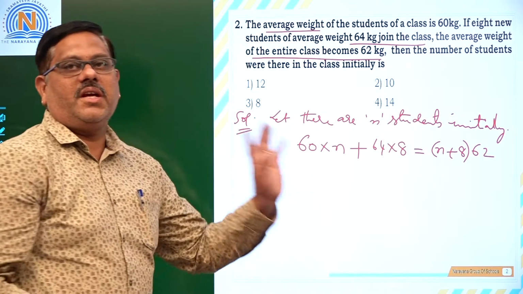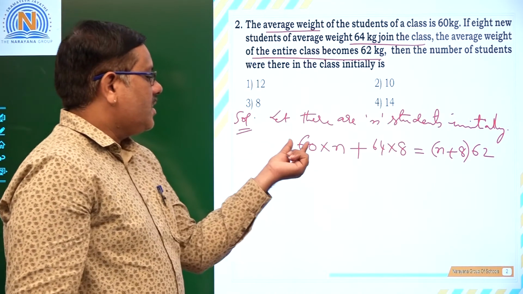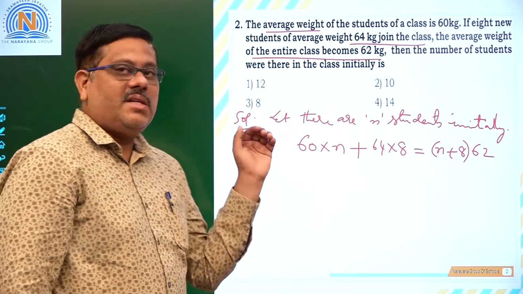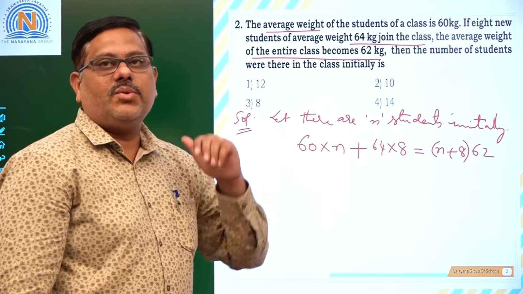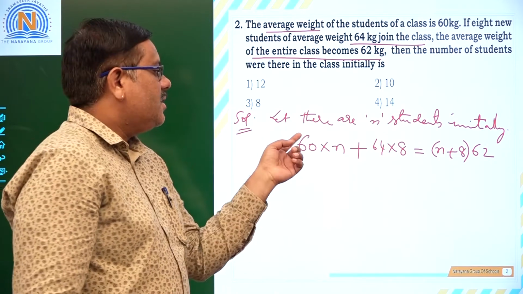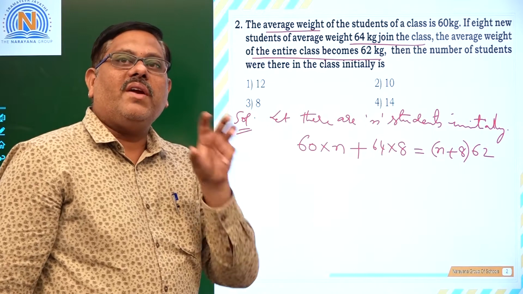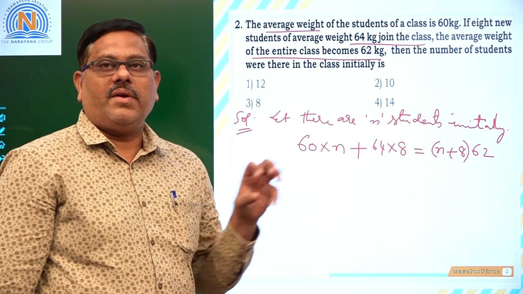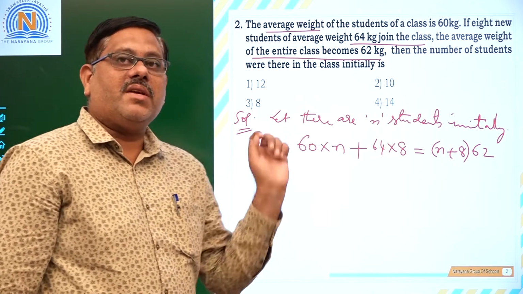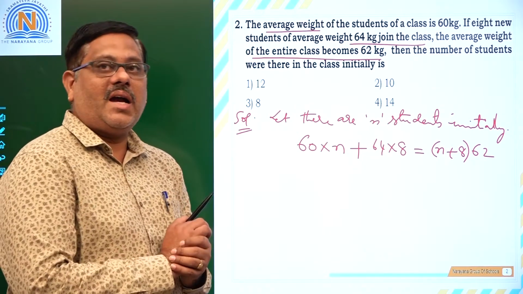What is the meaning of this statement? Let us understand. So 60 times of n, as 60 is the average weight of each student, I mean to say, average weight of the students of the class, 60 into n becomes total weight of the class. But here, 8 students of each 64, average 64 kg are added up.